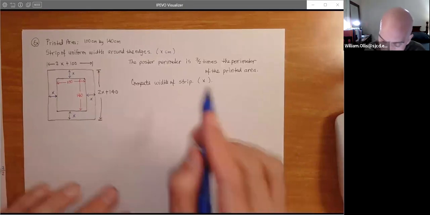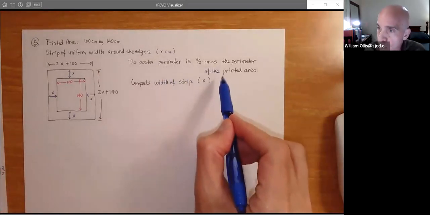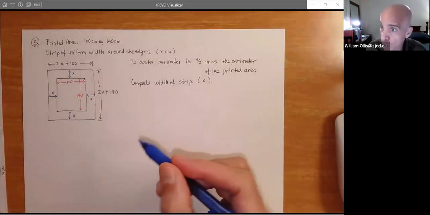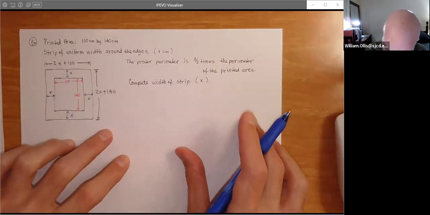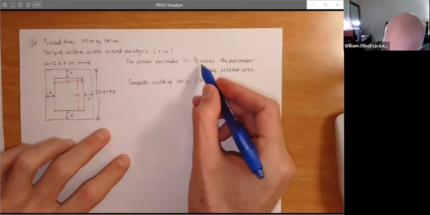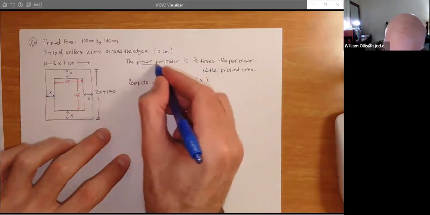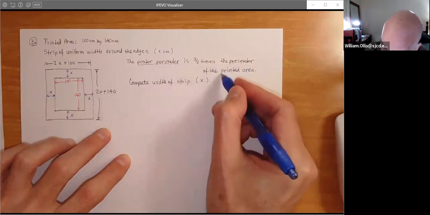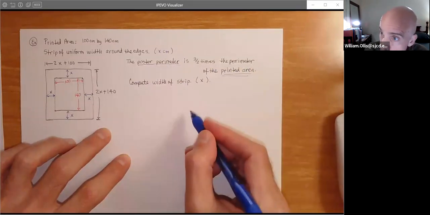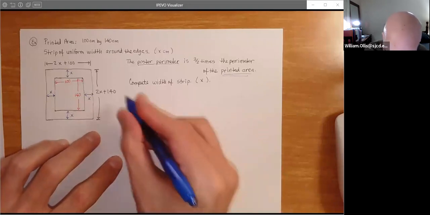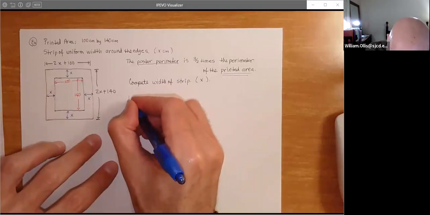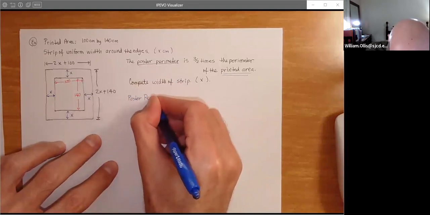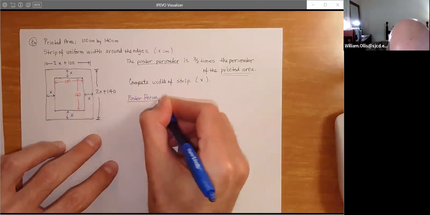So what we want to do now is use this description here to solve for X. It's just going to give us a bunch of numbers with an X in it, and we'll solve for X and maybe use some symbolic computation. So first we want the poster perimeter, and we want to set that equal to 3/2 times the printed area perimeter, just following the guidelines of the problem. The poster perimeter is the first thing we need.